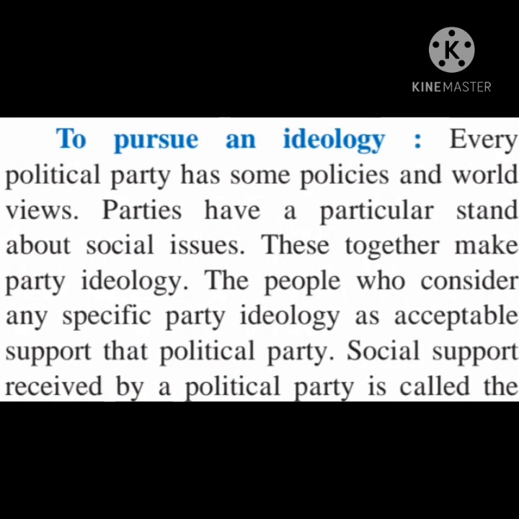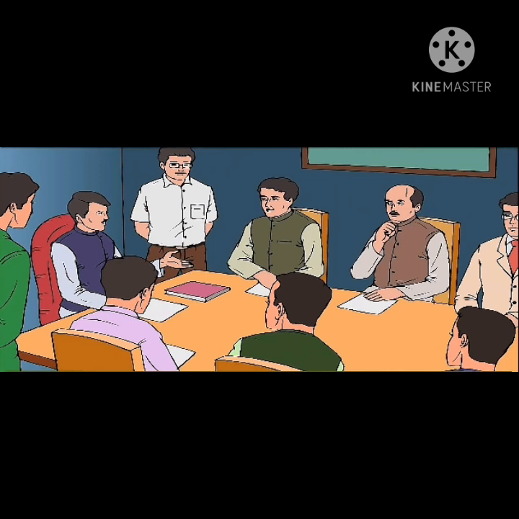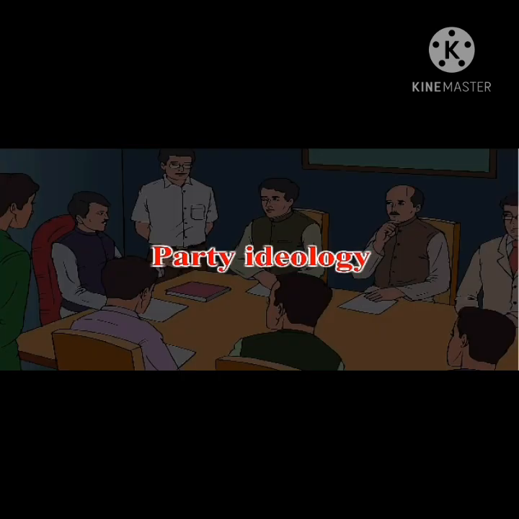The second one is to pursue an ideology. So every political party has some ideology. Ideology means policies or the party's views or opinion. Every party has an agenda, and that agenda is based on the party's ideology.